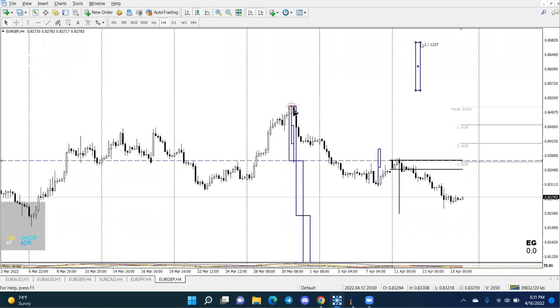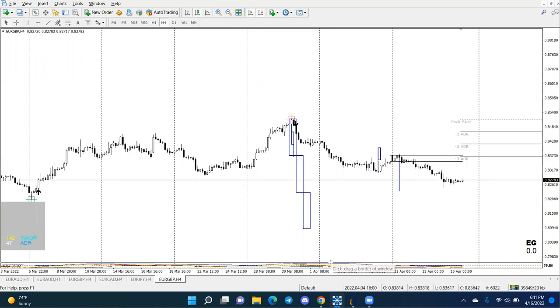You guys probably seen me do this before. So we're looking at 142, right? So there's 142.7. So that's one ADR on H4, which we've already done, okay? So we copy them and we plot them out, all right?